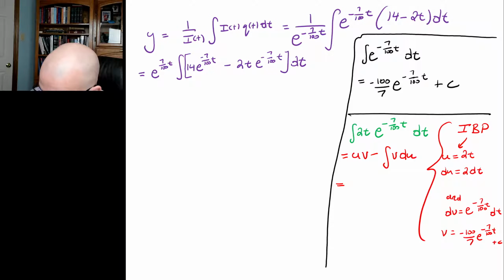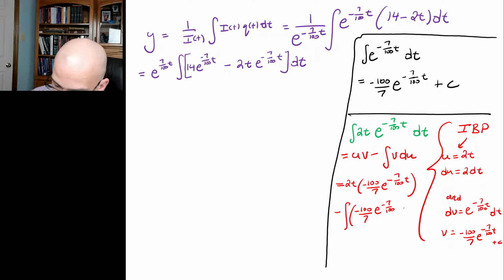So 2t times the dv term, 2t times negative 100 over 7 e to the negative 7 over 100 t, minus the integral of v du, negative 100 over 7 e to the negative 7 over 100 t dt.